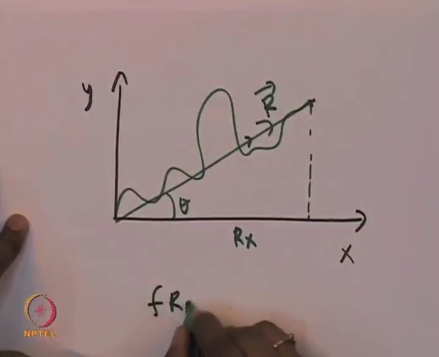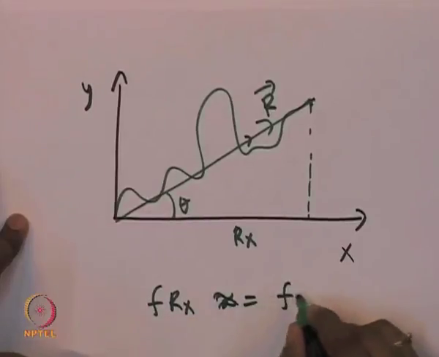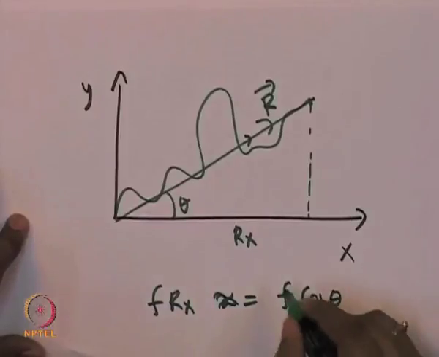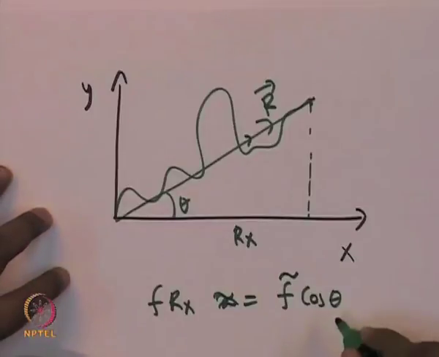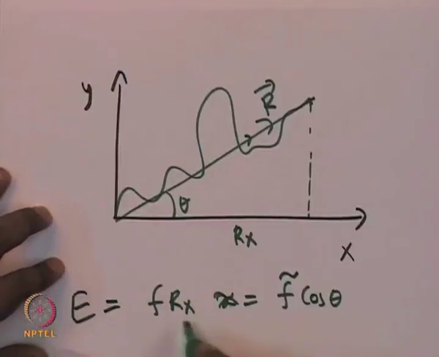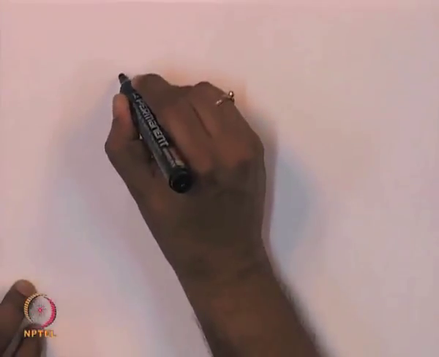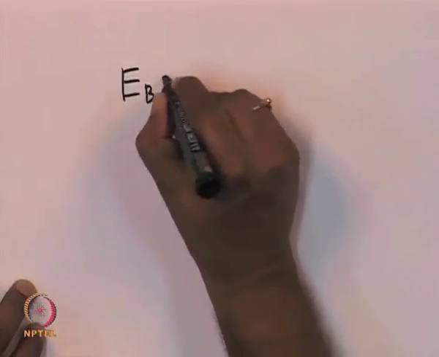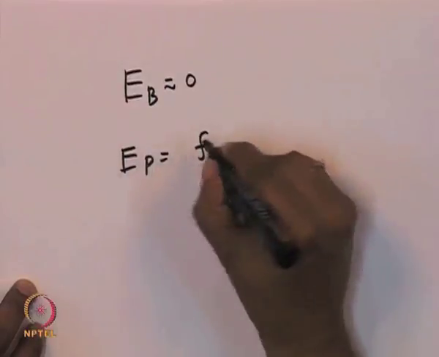So, F r_x can be written as F into cos theta into some constant. With all these constants absorbed, I will call this F tilde. So, the energy will be F tilde cos theta. So, what do we have? We have two energies: bending energy is 0, and pulling energy is F tilde cos theta.